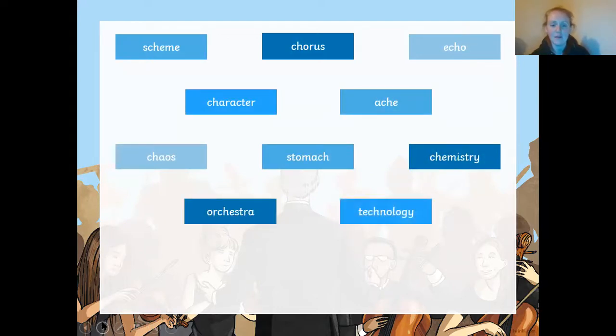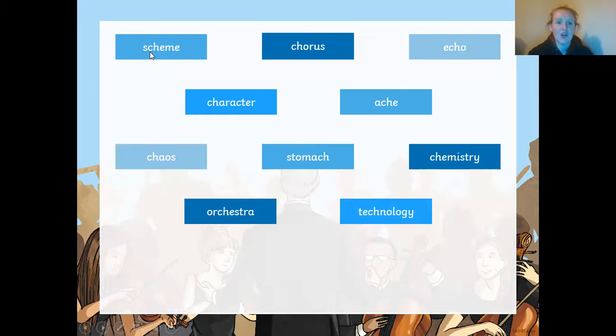Now, if we remember that rule, children, if I was sounding these words out, let's have a look at the first one up here. S. Normally, we would think this is ch, sch, im, sch, em, scheme. That doesn't make sense, does it? Let's try another way of sounding it out.